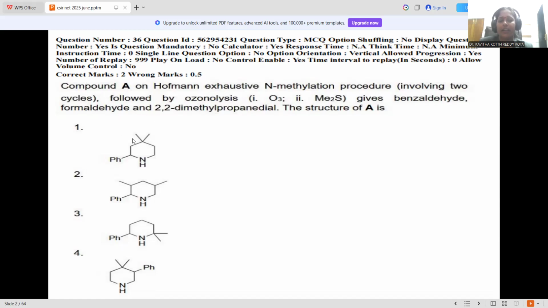Another is formaldehyde. So all are possible if we take the starting material as option number 1. Option number 1 provides all the requisite products generated by Hofmann exhaustive methylation followed by the ozonolysis process. For question number 36, option 1 could be the right answer.